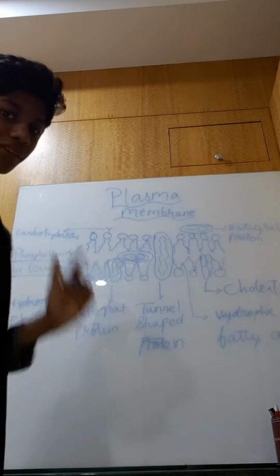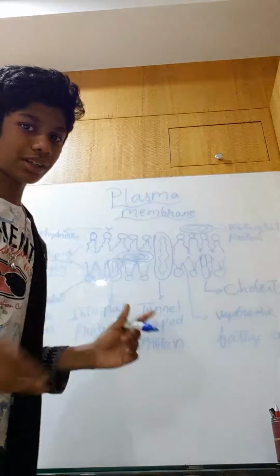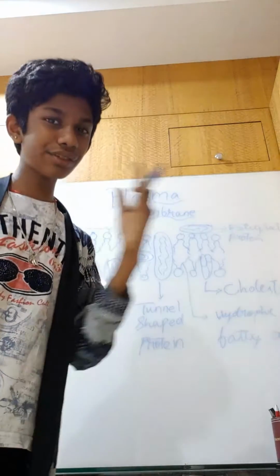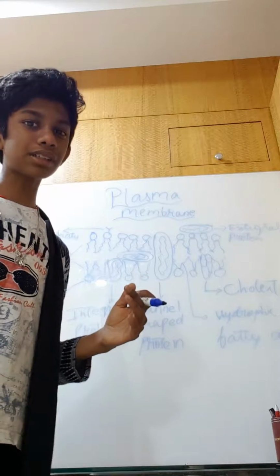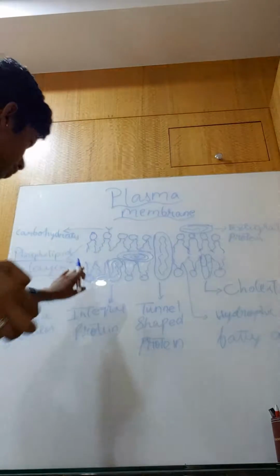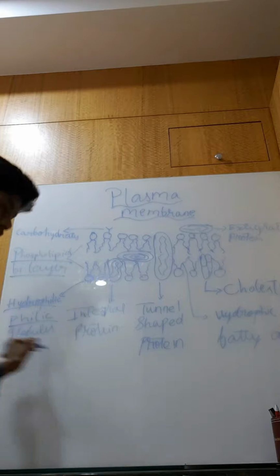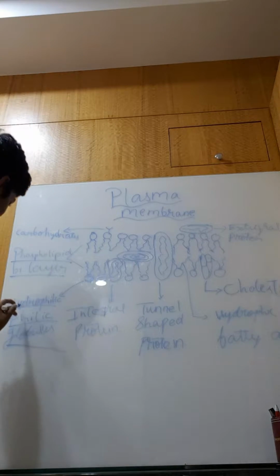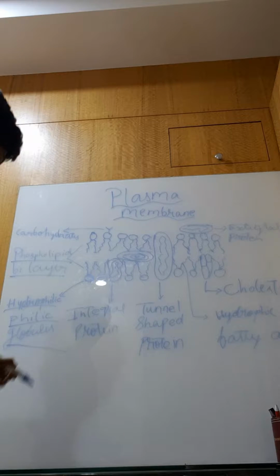This is a layer which separates the cell from extracellular particles, the extracellular particles from the intracellular particles of a cell. These are the hydrophilic globules, which love water.